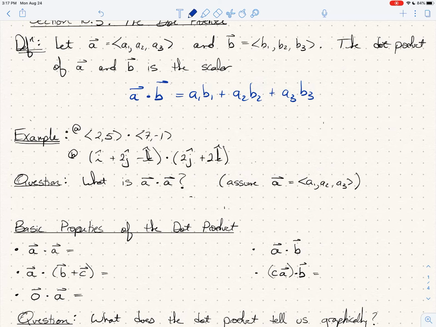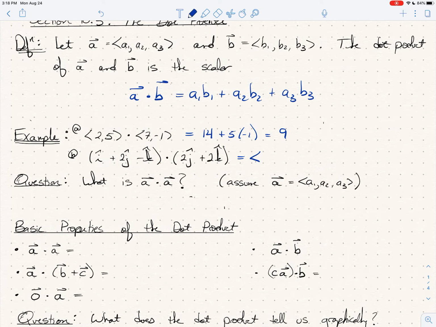So let's work this one out. The dot product here would be 2 times 7, which is 14, plus 5 times minus 1, and you end up with 9. For this other one, let's switch to component form.